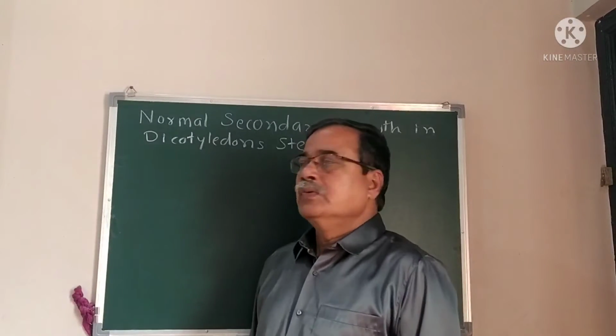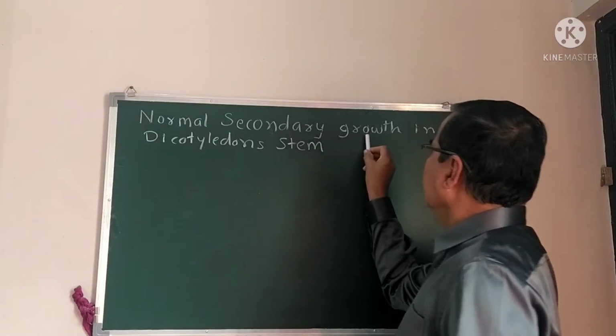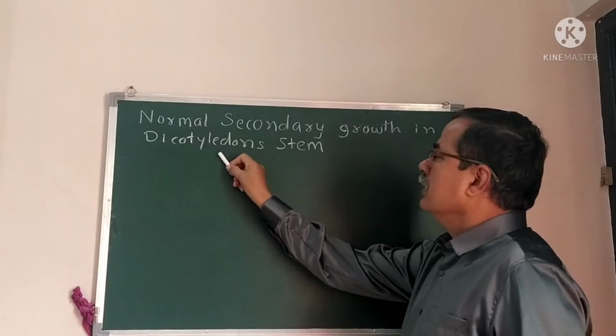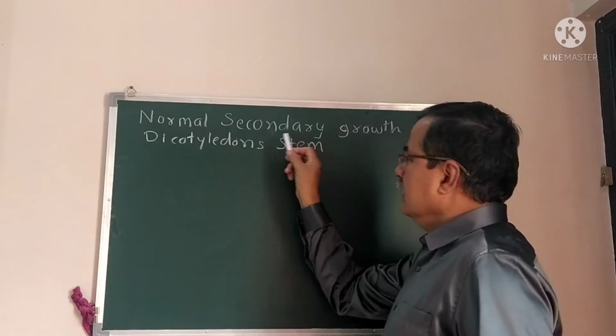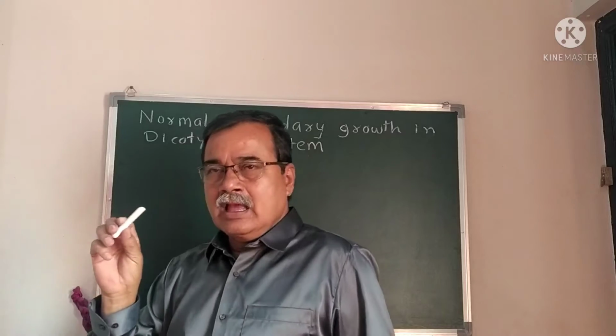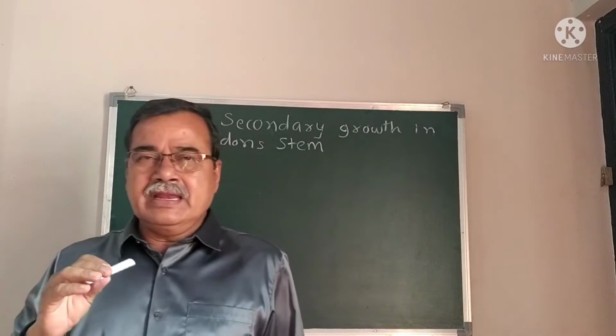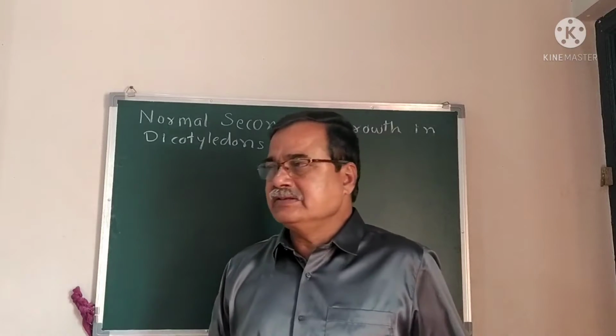Now, we are going to study normal secondary growth in dicotyledonous stem. Here, the perennial plants, as they grow for many years, develop many branches.